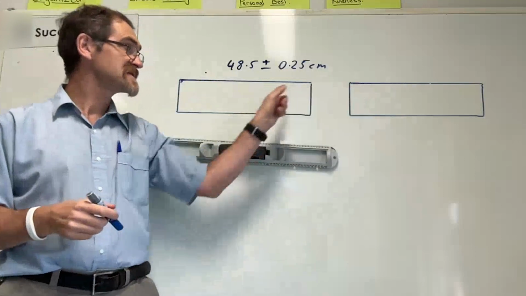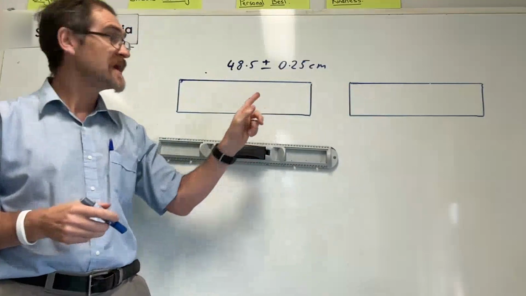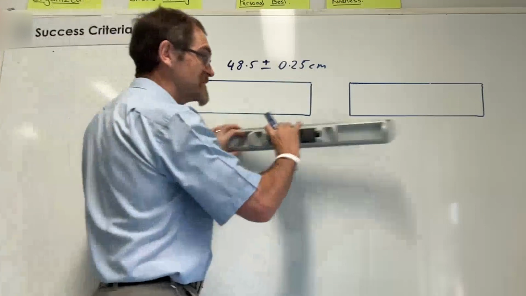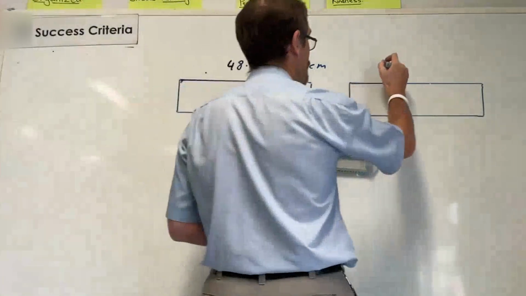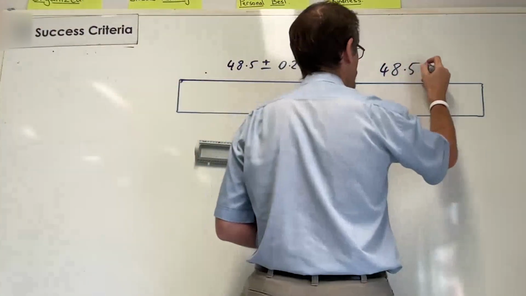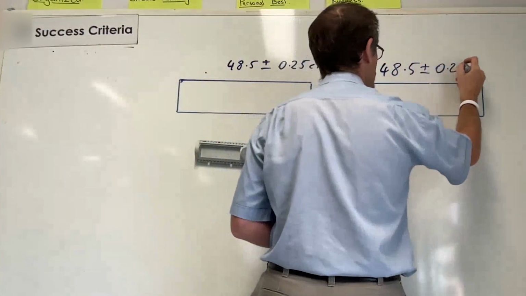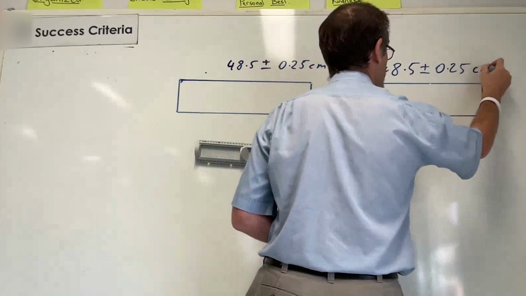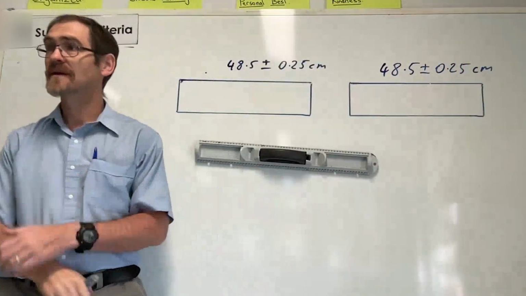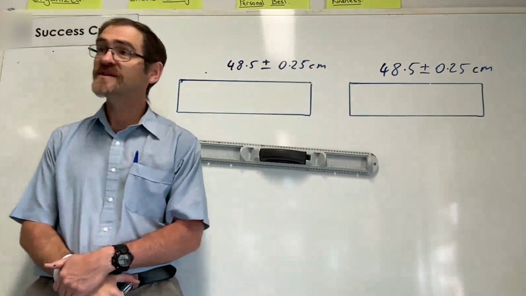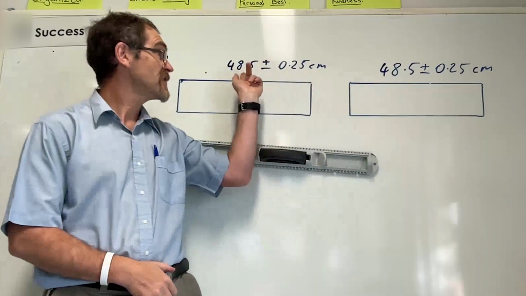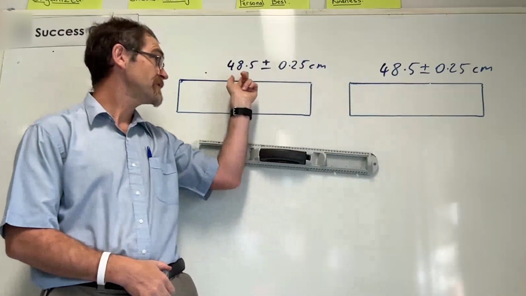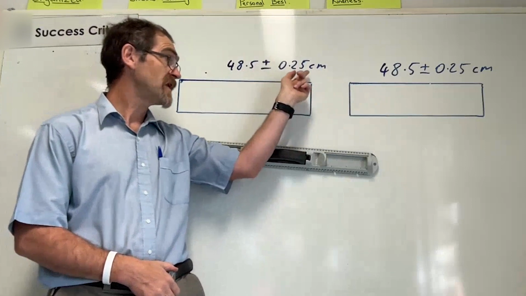This box over here is the twin of that box over there. And so when I go and measure that box, we'll just say that the length is the same. The absolute uncertainty is going to be in the same unit: 48.5 plus or minus 0.25 centimeters.